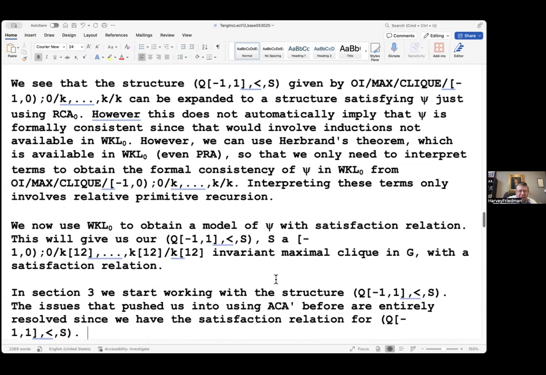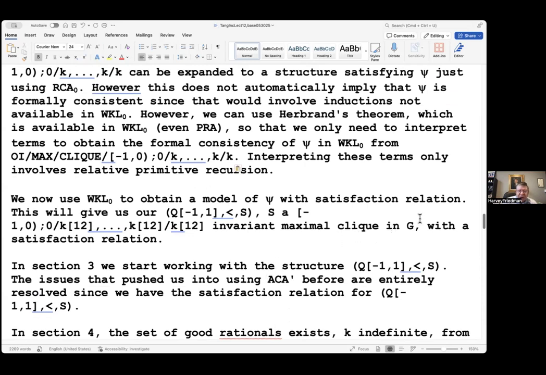So we now use WKL naught to obtain a model of psi with satisfaction relation because we now know it's formally consistent. This will give us our structure where S is an invariant maximal clique in G with a satisfaction relation.